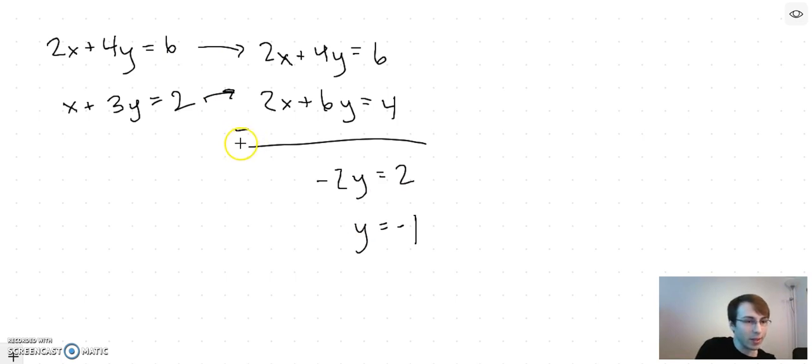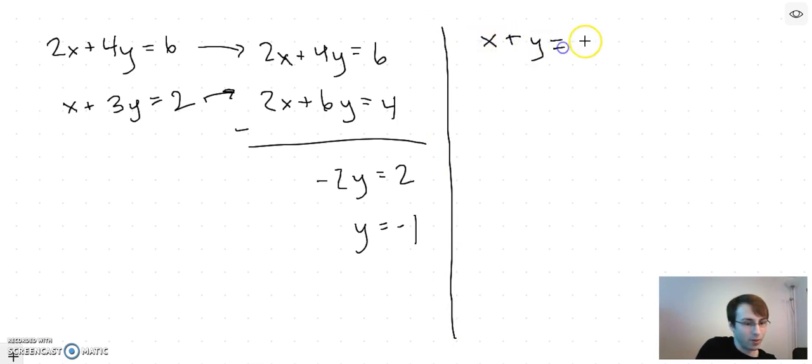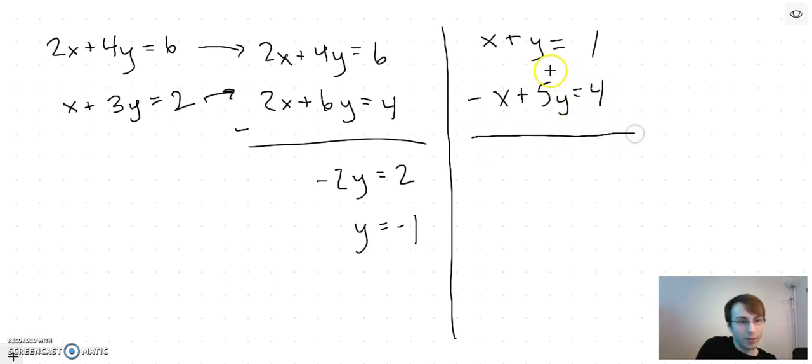Another thing we can do is adding equations. I'll just do another example off to the side here. So in a case like x plus y equals 1, and maybe negative x plus 5y equals 4, we don't have to subtract equations, we can just add them, because adding or subtracting the same thing doesn't really matter.